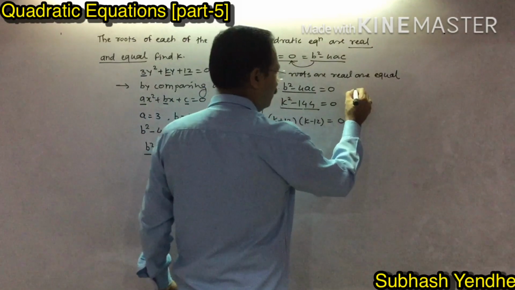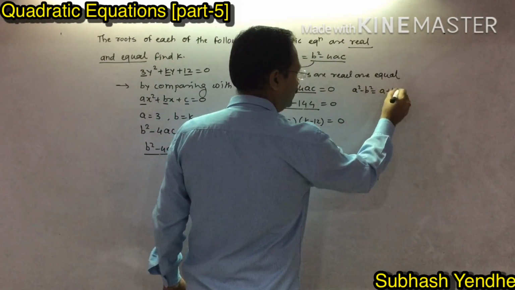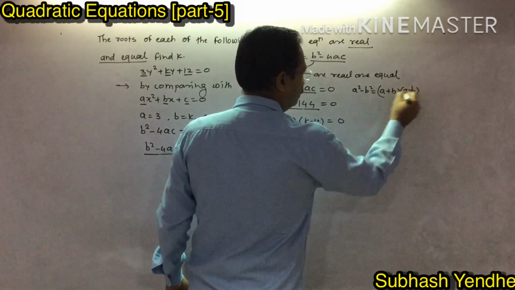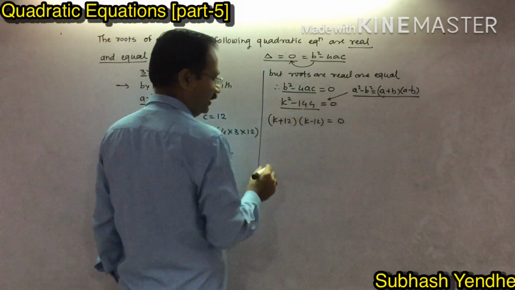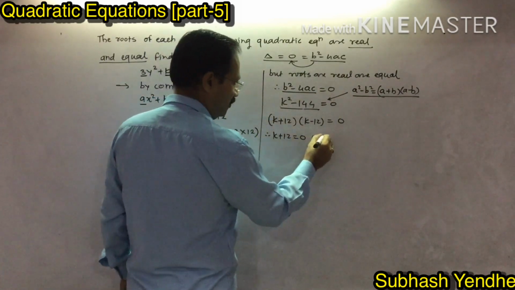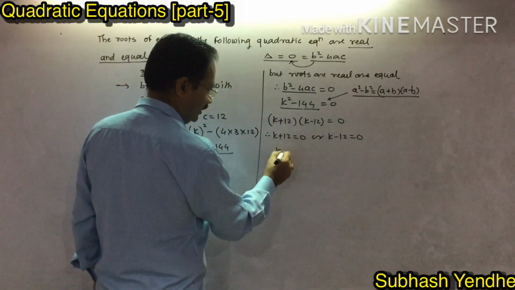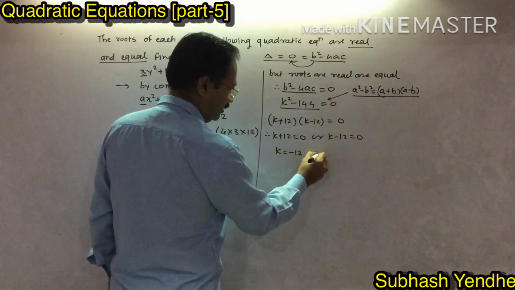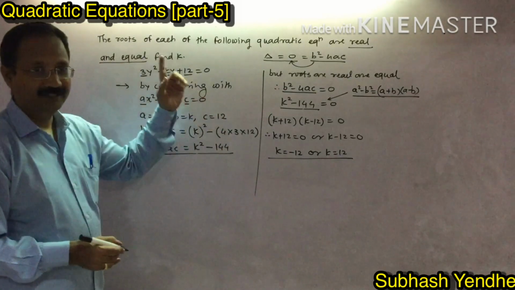We know the formula for this one: a square minus b square equals a plus b and a minus b. We can apply this formula here. Therefore, k plus 12 equals 0 or k minus 12 equals 0. Now moving to the other side, k equals minus 12 or k equals 12. These are the values of k.